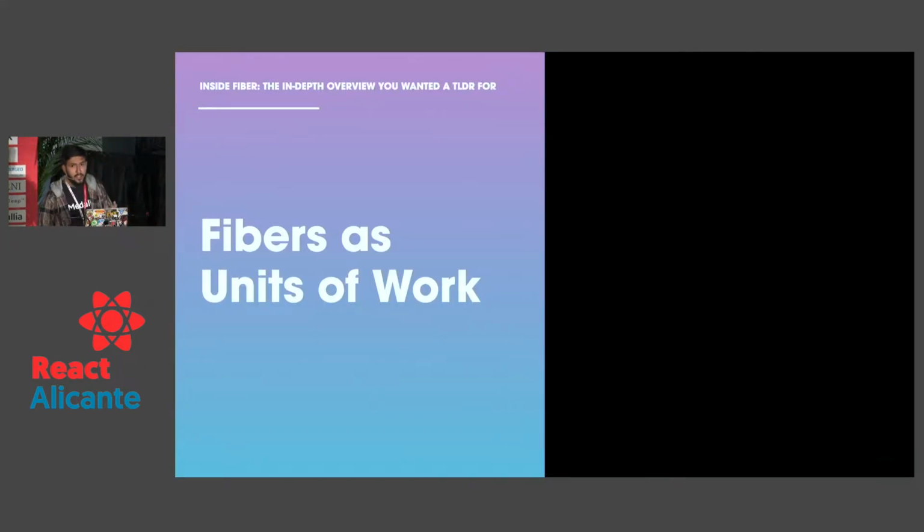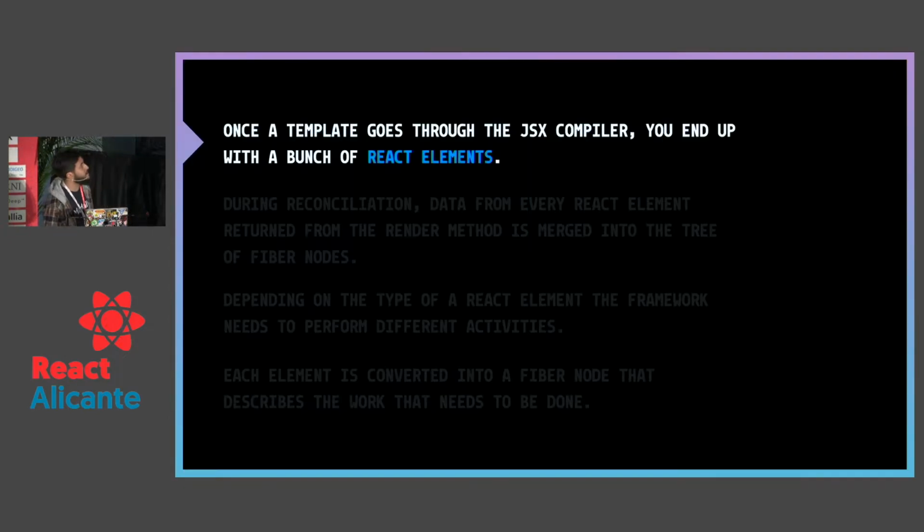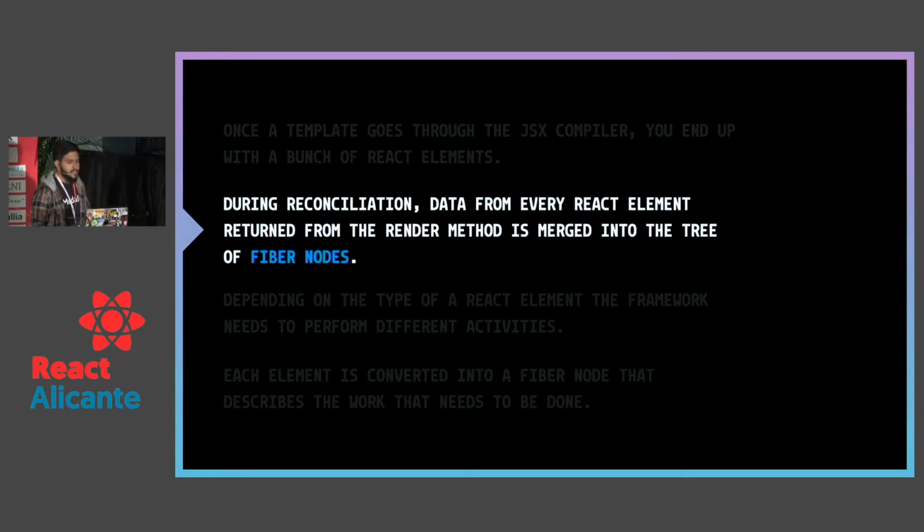So we talk a lot about work. So we can start thinking of fibers as units of work. So let's recap what happens in React. First, we have our templates, our JSX stuff. It goes through the compiler, and we have a lot of React elements, the things in the past we saw, like React.createElement. And then we have the so popular reconciliation. So the data that is returned from the render method of all of these elements is merged into a tree of fiber nodes, a data structure that they came up with that was really impressive, by the way.